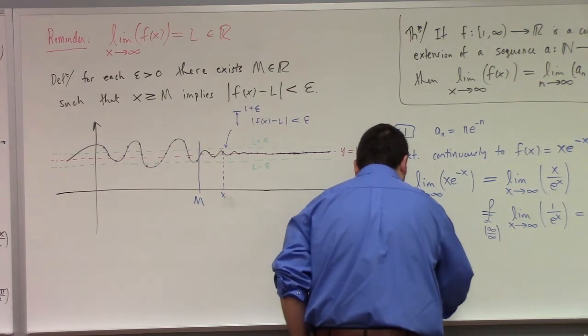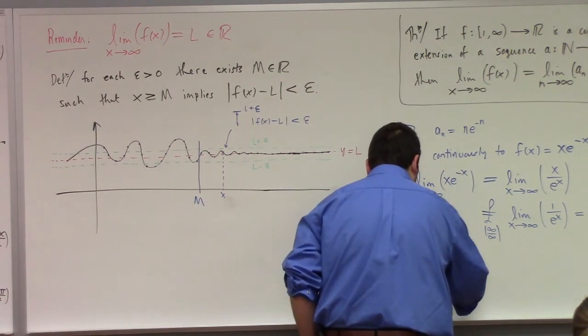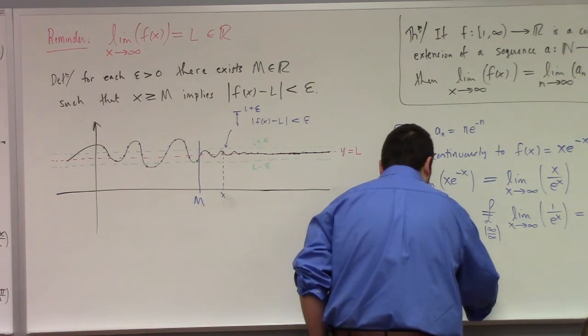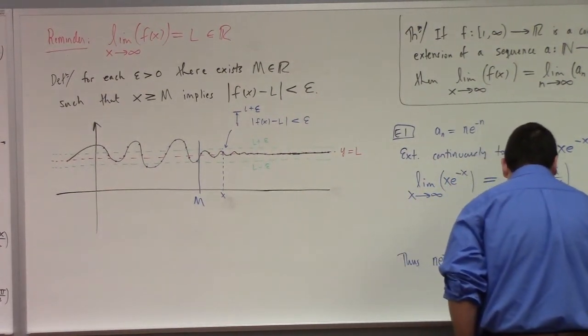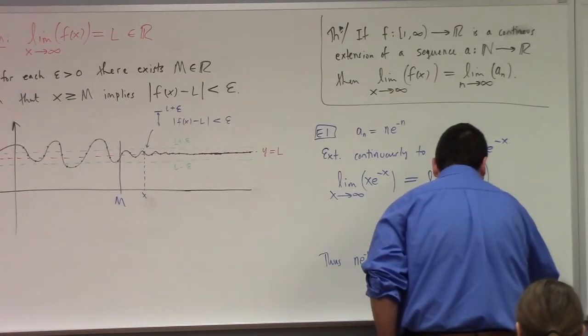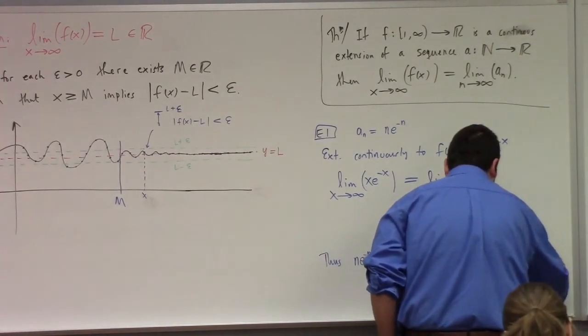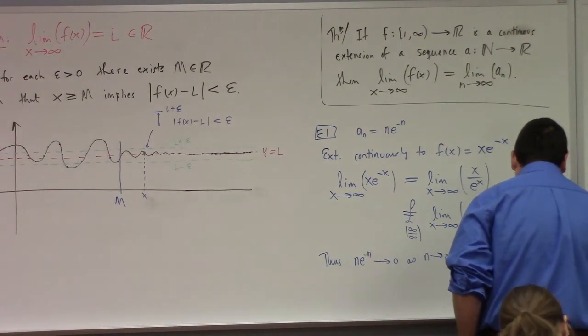Thus, n e to the minus n goes to 0 as n goes to infinity, since x e to the minus x goes to 0 as x goes to infinity.